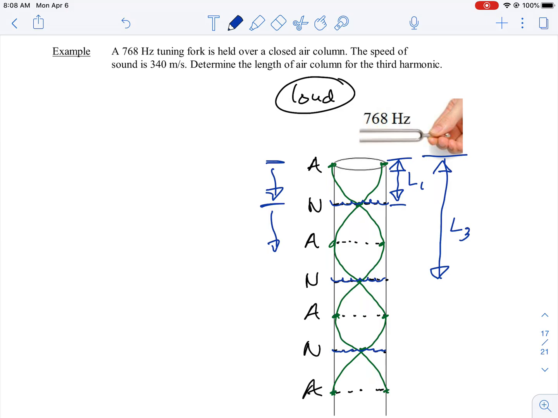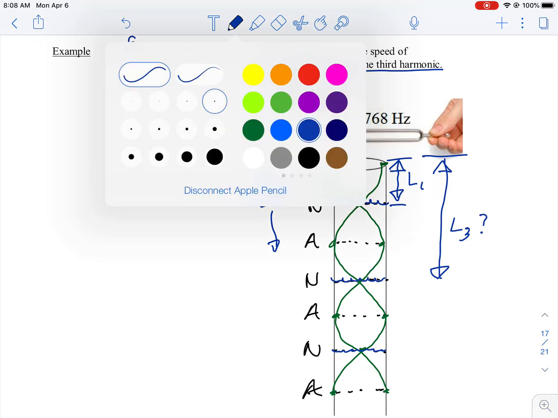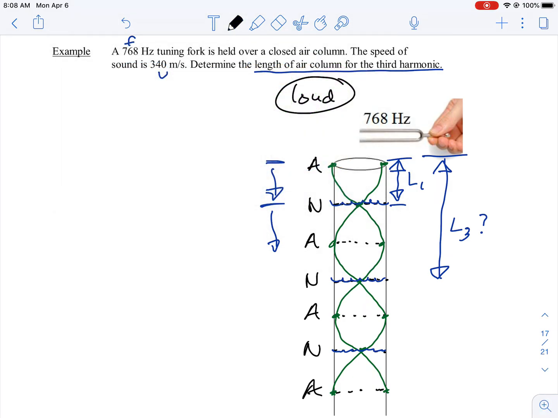Now what we're looking for is the length of the air column for the third harmonic. We're basically looking for L3. And you'll notice we know what the frequency is. So we've got f and we know v. Let's start out with the universal wave equation. So we actually have v = fλ.